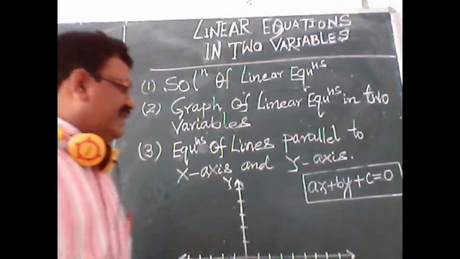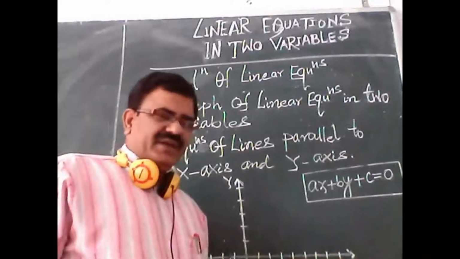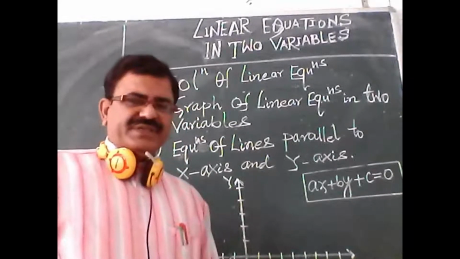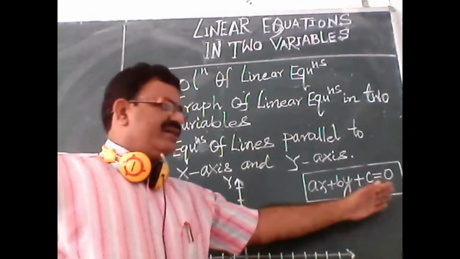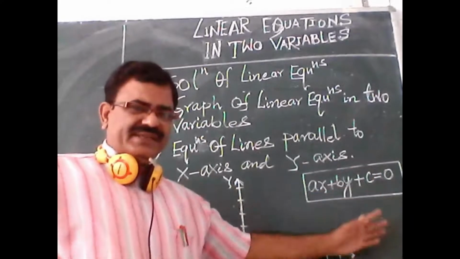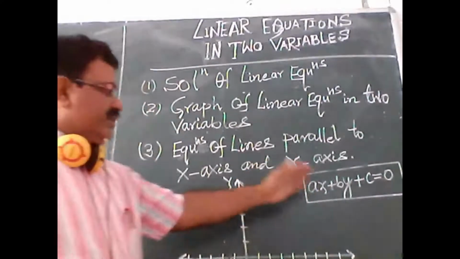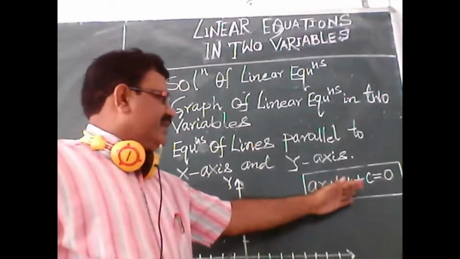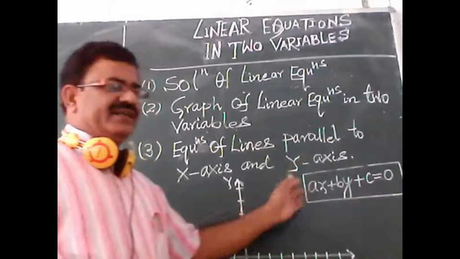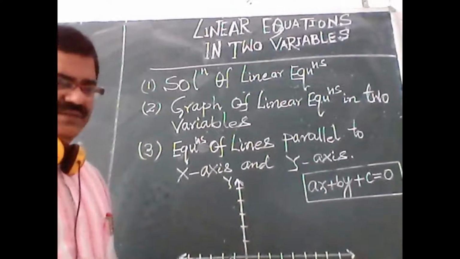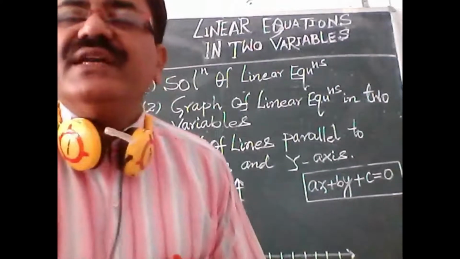After that you prepare the table, and after preparing the table you can draw the graph, analysing the different points obtained by putting in values of one variable and getting the values of the other variable. So now we can take some examples.